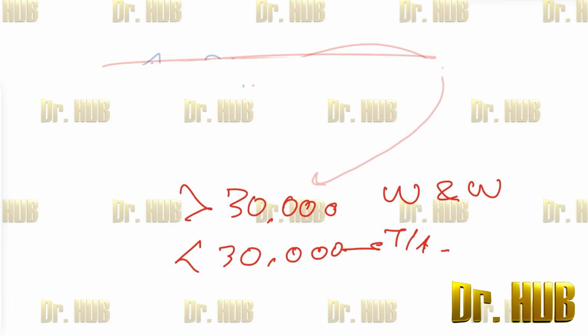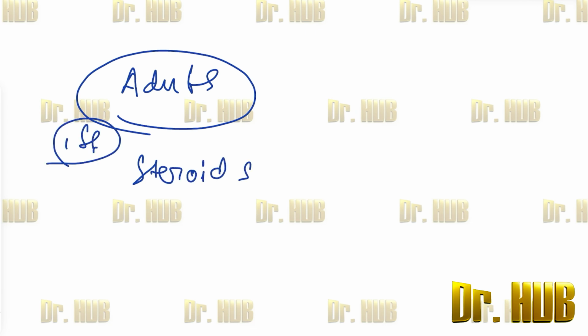Now when you see the same aspect in adults, what is the difference? When you look at the treatment in adults, the first line is steroids. That is, we can administer oral prednisolone.